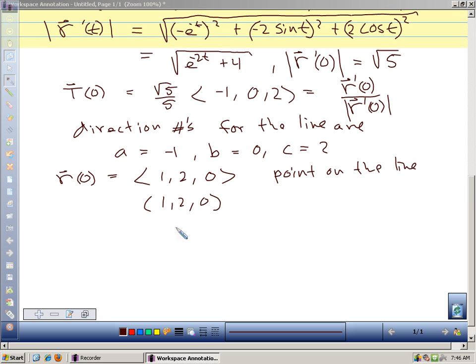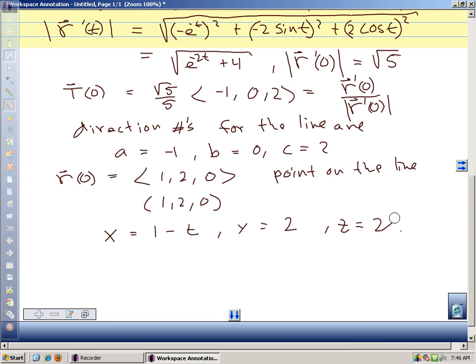So our parametric equations are x equals 1 minus t, y equals 2, and z equals 2t. So those are our parametric equations for our line.